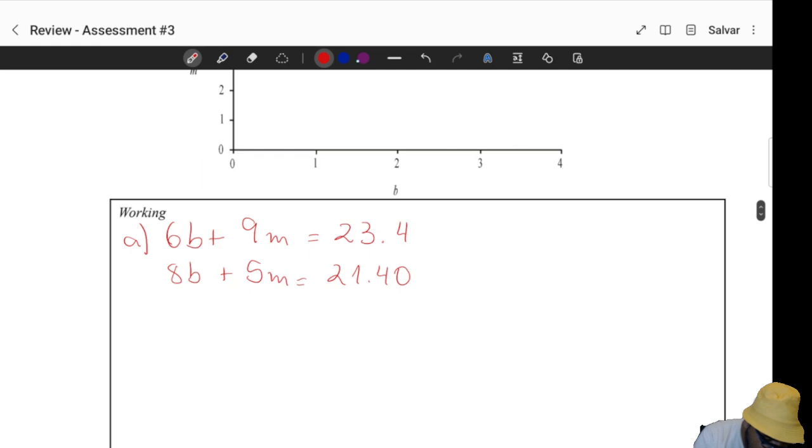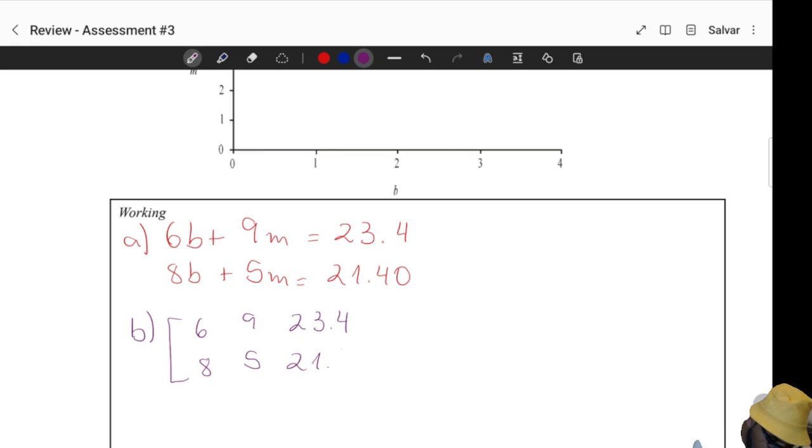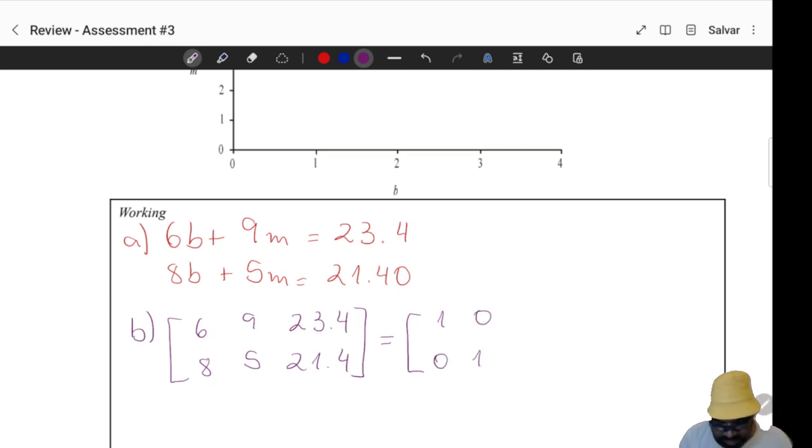To solve this guy here, I need to write as a matrix. 6, 9, 23.4, and 8, 5, 21.4. Great. Let's go over to our matrix solution. I know this is 1, 0, 0, 1 by a pattern. We know must be in this shape at the end.